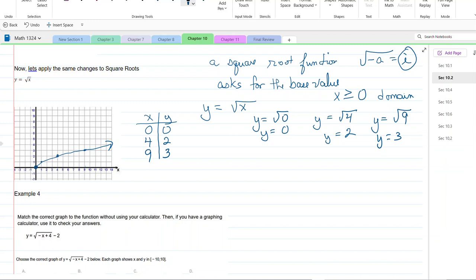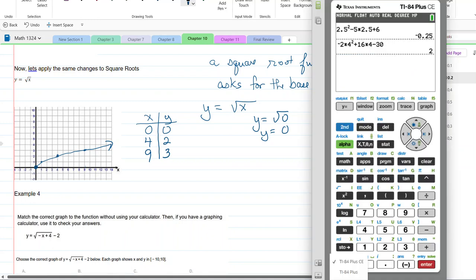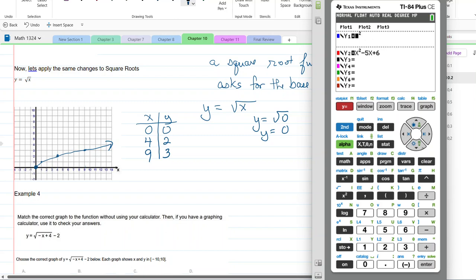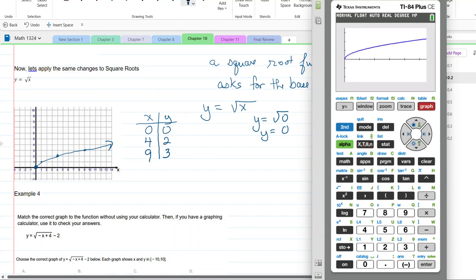Well, we want to see it on our calculator. So let's go to our y equals. We're going to clear all our quadratics, and we're going to go to second x squared, and you get the square root sign, and we put in the variable x. All right, now we're going to graph it, and there it is. And we can see that it is that.